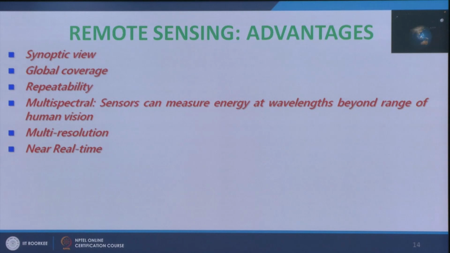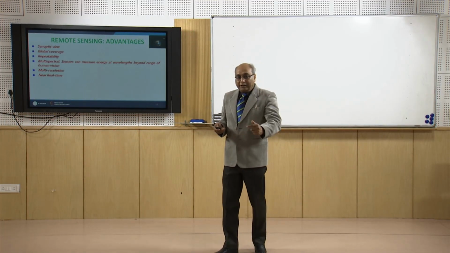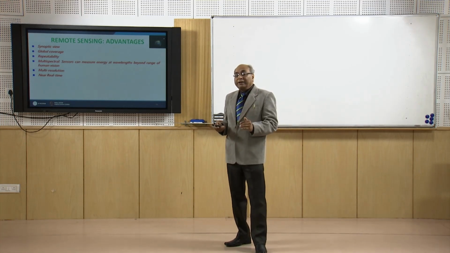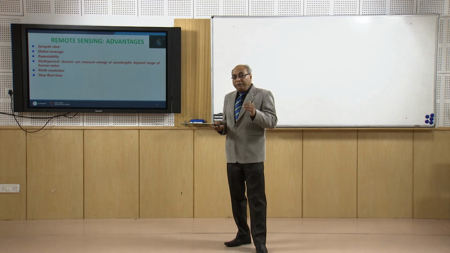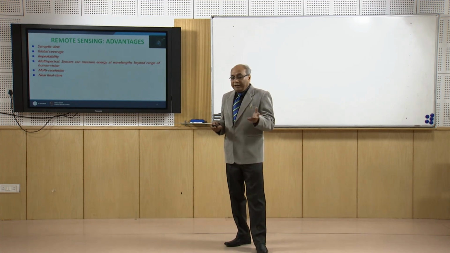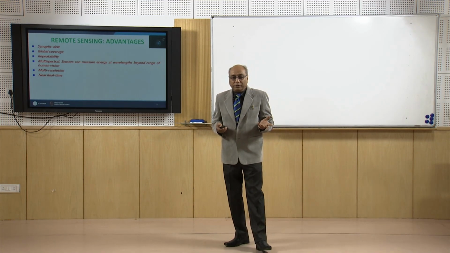Near real time is possible because when the satellite is overpassing, it is generally also directly broadcasting or transmitting data towards the earth. If the data is not encrypted, one can even have their own satellite earth station, like at IIT Roorkee in the Department of Earth Science.